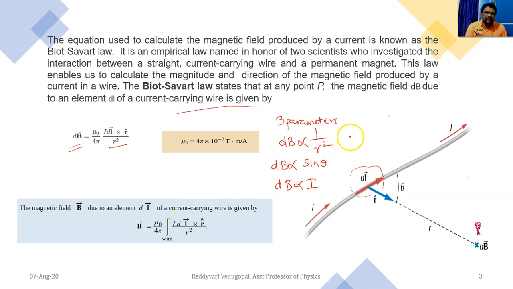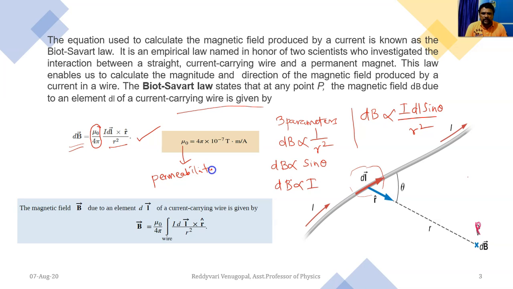If you combine all these things, we come to the relation dB is proportional to I dl sin theta divided by r square. If you put in a proportionality constant, mu naught by 4 pi, then we can write it like this, where mu naught is called the permeability of free space, and its value is 4 pi into 10 to the power minus 7 Tesla meter per ampere.